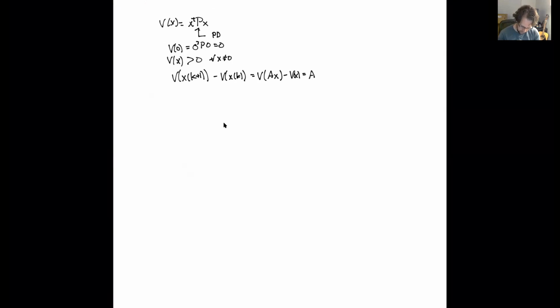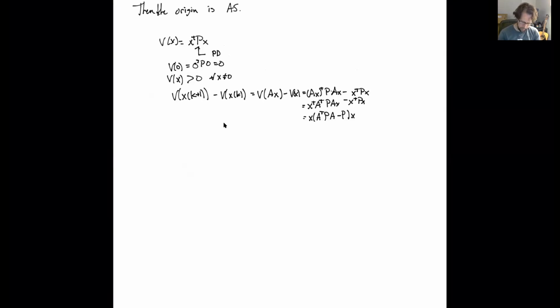So this is Ax transpose P Ax minus x transpose P x. Then we get x transpose A transpose P A x minus x transpose P x. All right, you guys seeing where this is going? We get x transpose times A transpose P A minus P times x.